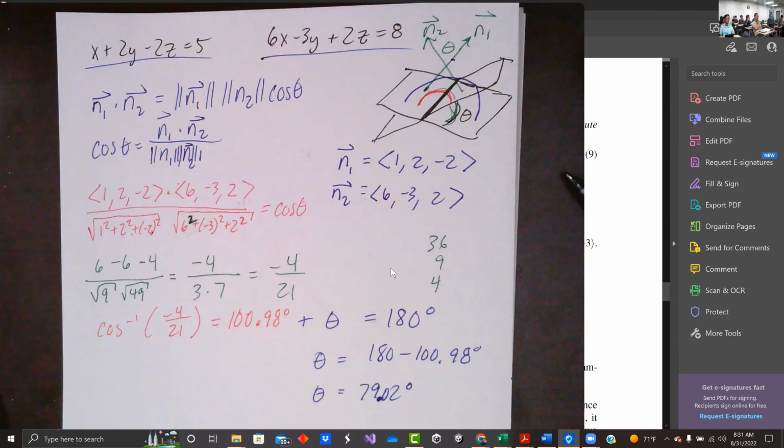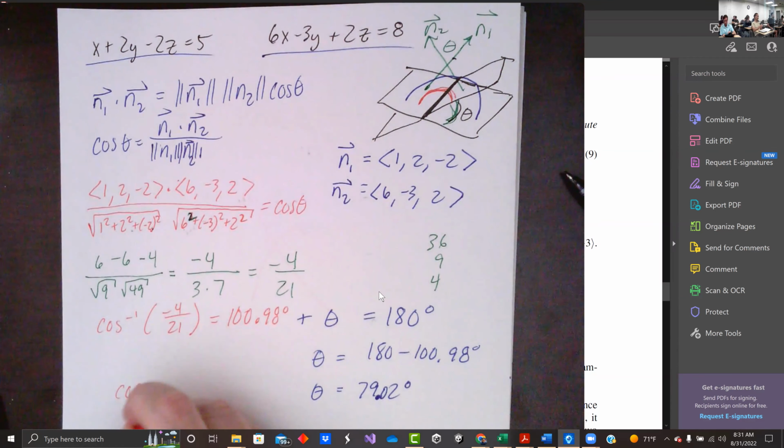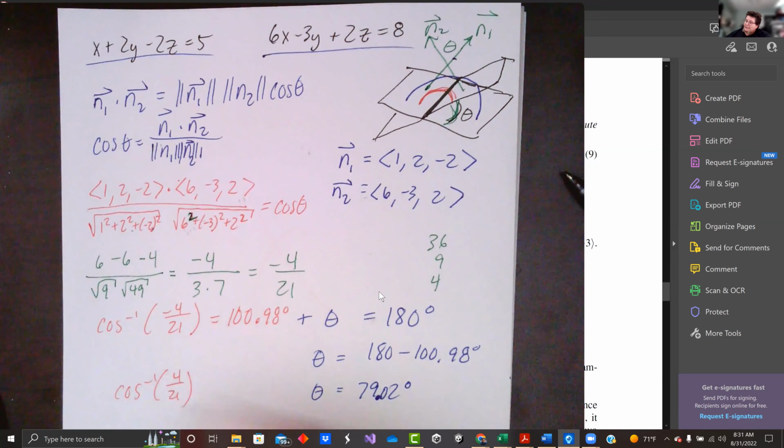That will actually give you the same answer, because I realized it was the obtuse angle, so I removed the negative and it gave me 79.02 degrees. Right, so cosine inverse of 4/21 is 79.02.